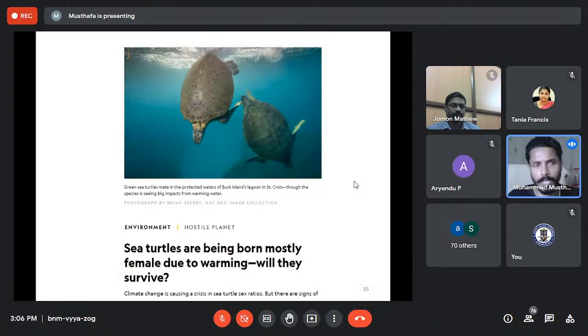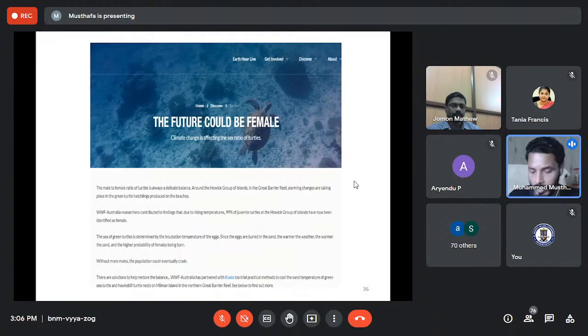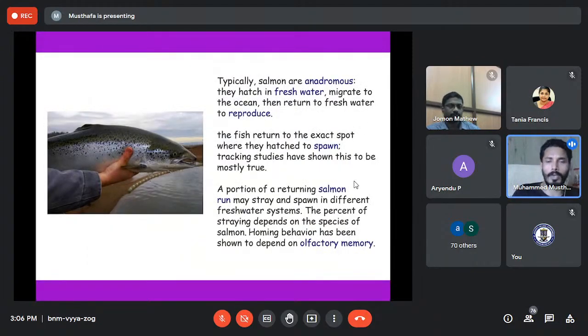And this was covered in many magazines across the world. This particular aspect of sex ratio was covered in many magazines and articles. And you might think, okay, it's all about turtles. Why should I worry about it? The recent scientific analysis of salmon fish shows that there are microplastic particles in the flesh of salmon fish.